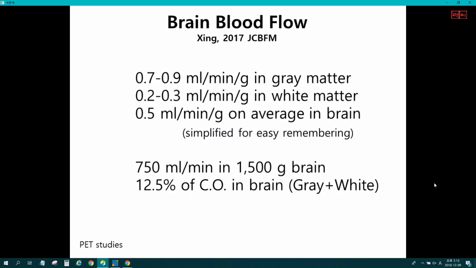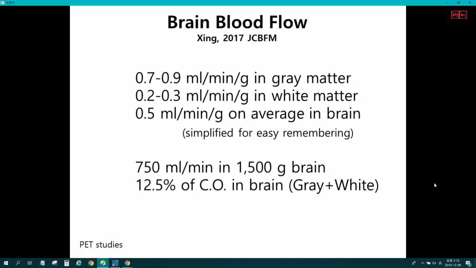And interestingly, the blood flow of the myocardium is almost the same, 0.6 to 0.8 milliliter per minute per gram. However, in the case of the heart, it increases at least 2 times at my age, and 3 to 5 times at the age of 20.